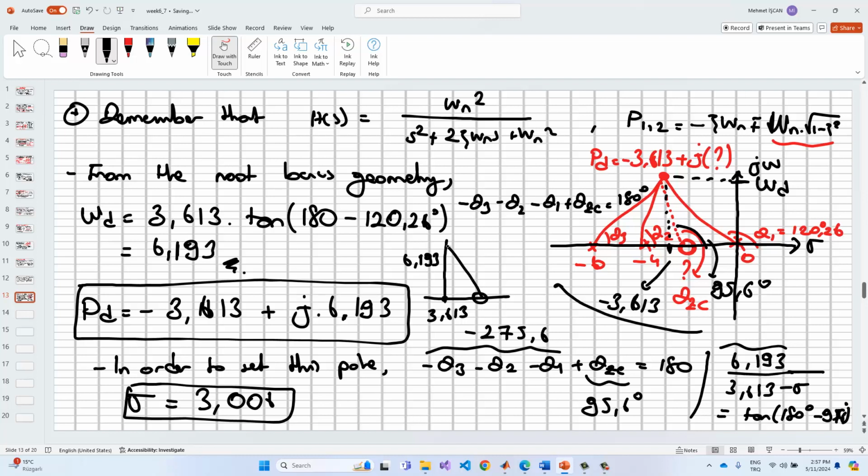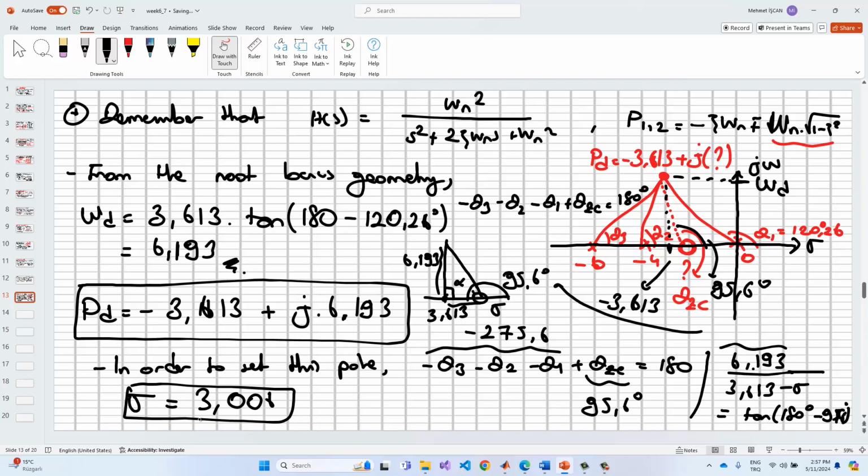If we draw this angle here, and we know that this is equal to 95.6 here, then we can determine the position of these terms, because if we remove 180 minus this term, we get, for example, alpha degrees. This alpha must be equal to 6.193 divided by 3.913 minus sigma, right? This is the deflection, and this is the tangential information.